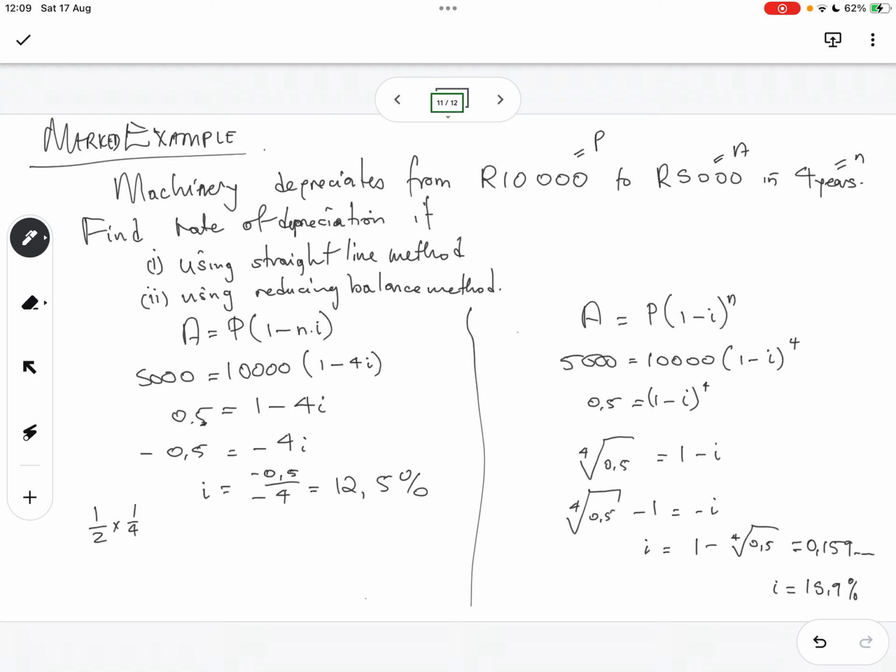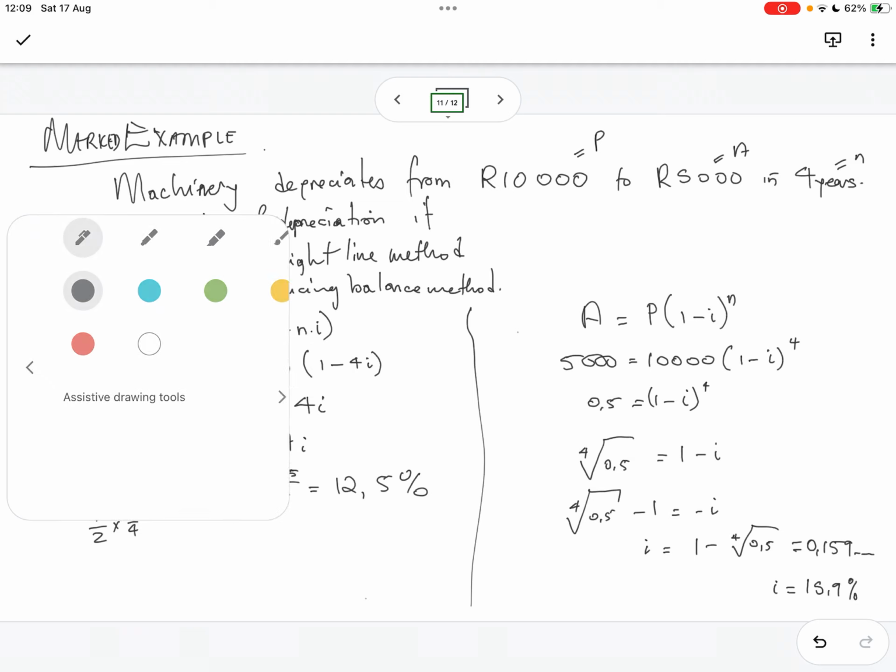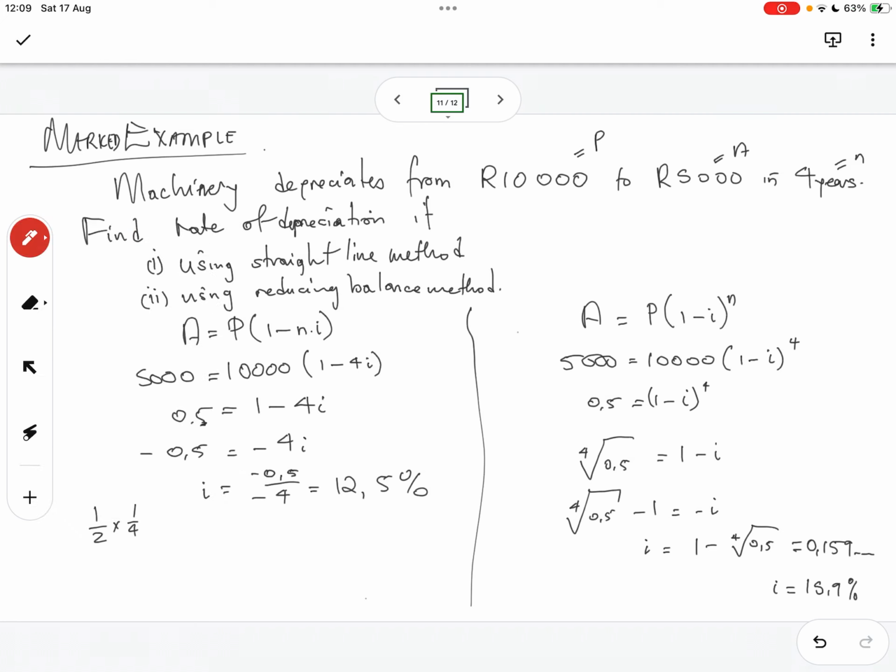So what does this tell us? The depreciation seems to be more with the compound depreciation. But here's where you're going to get marks. You'll get marks here for the correct substitution, marks there, and marks at the final answer.